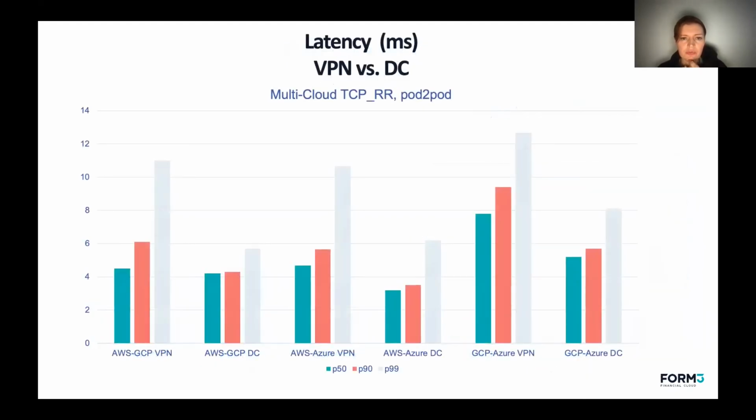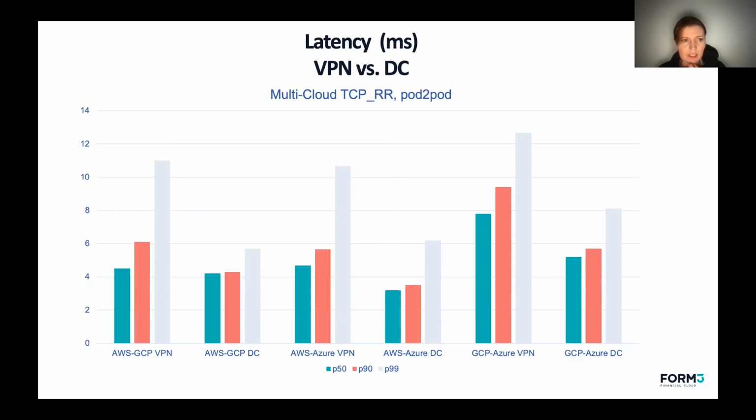In terms of comparing VPN and DC, we've seen a similar one before. Let's focus on P99, and P99 is twice as long for VPN as for direct connectivity.